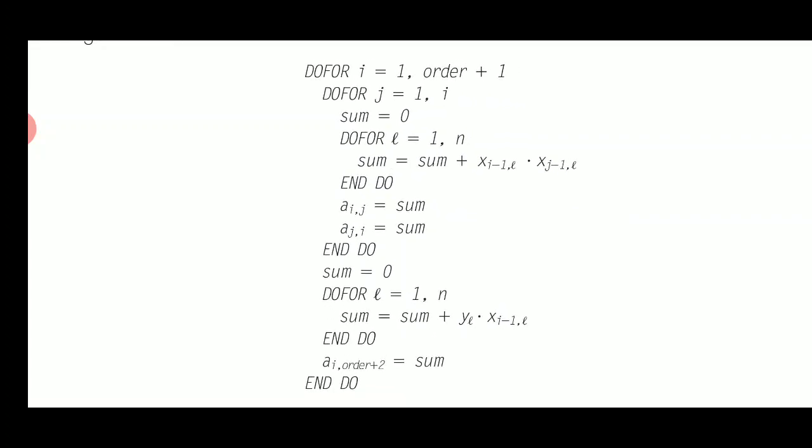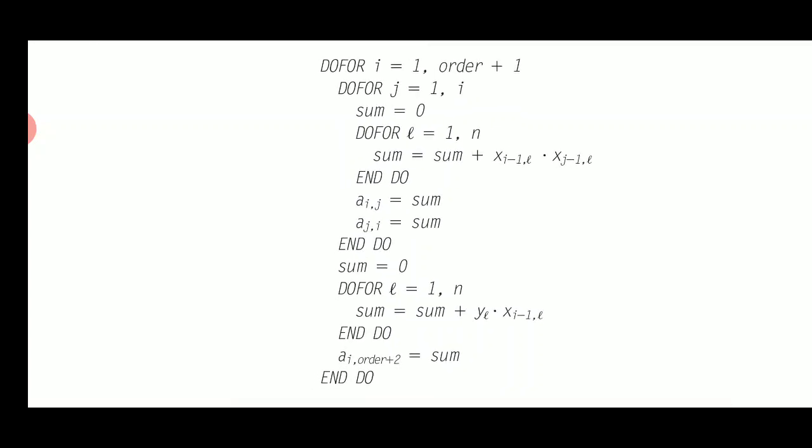Okay, so here we are using a number of for loops to get the answers which are shown earlier, right? So for i equal to 1 to order plus 1, j equal to 1 to i, we'll take the initial sum as 0, then we'll take the new sum as sum plus x(i-1) into x(j-1), right? Then this is the summation of x1 x2 which is required, right?